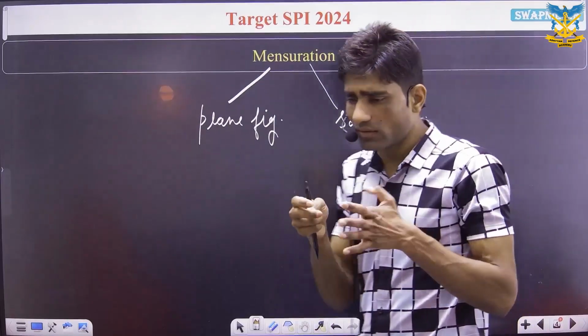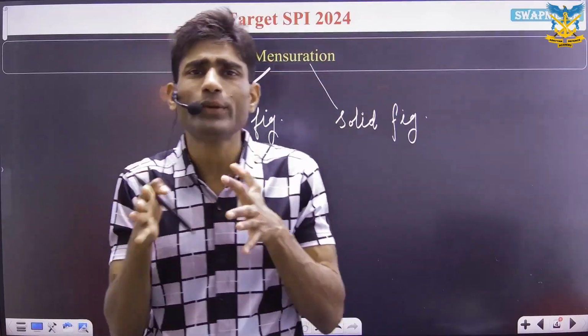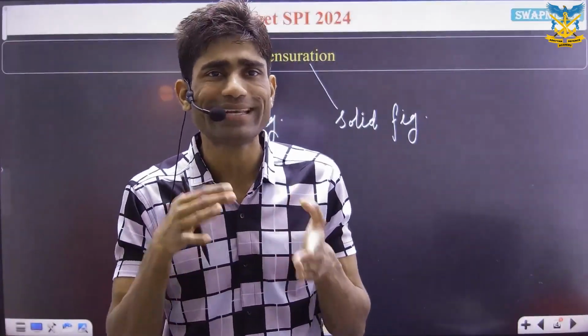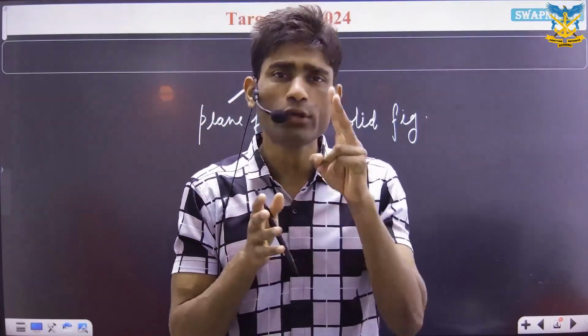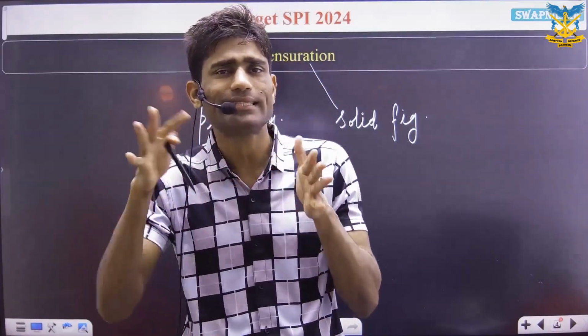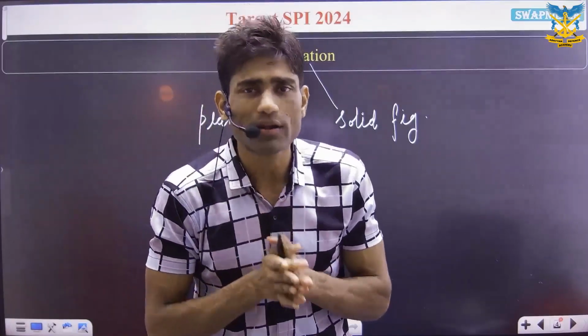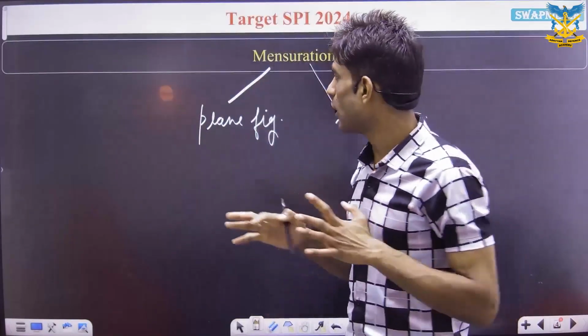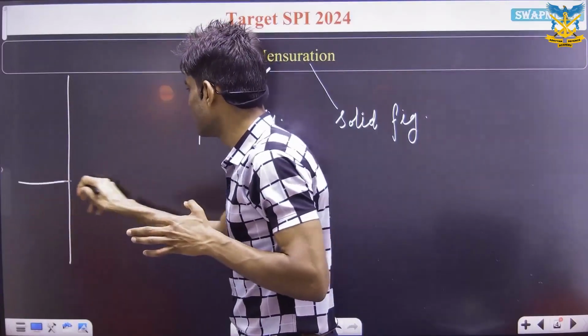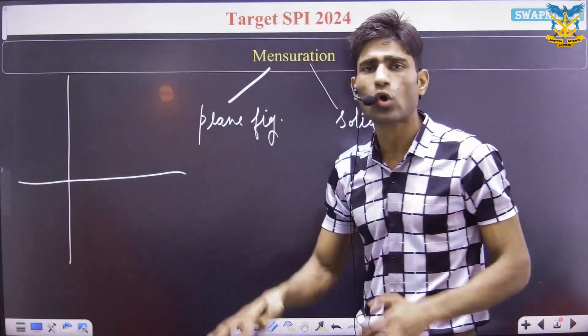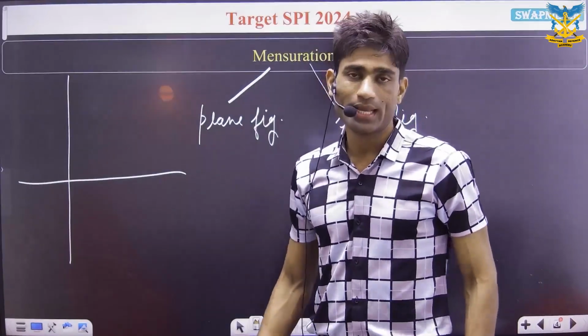Generally the difference between plane figure and solid figure is that we can plot a plane figure in only two-dimensional space, like the x-axis and y-axis. Now let me plot the plane figure here with the x-axis and y-axis. Generally we learn this concept in the coordinate chapter in my previous lecture.